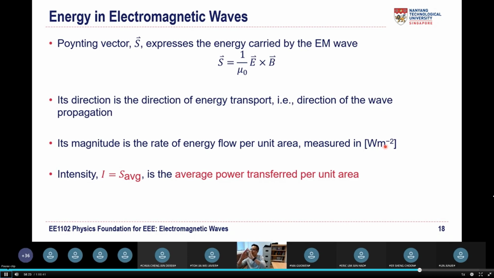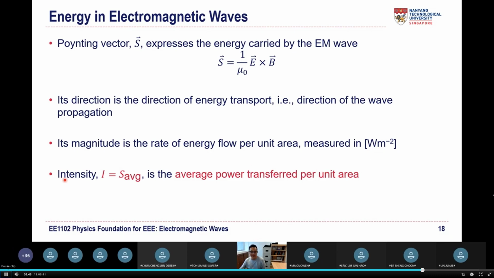That is how much energy gets shone onto a unit area of surface due to this electromagnetic wave. So, how much energy per unit area.